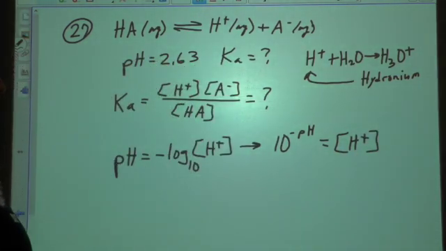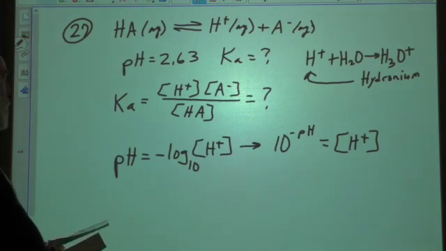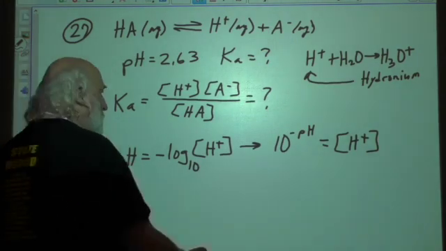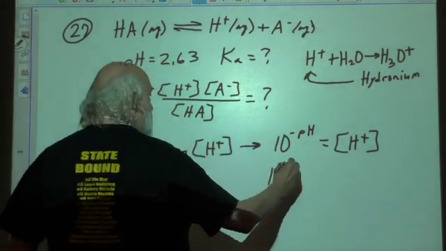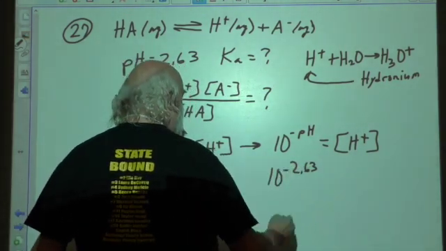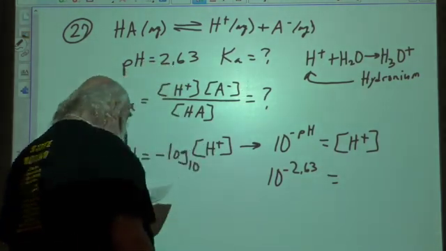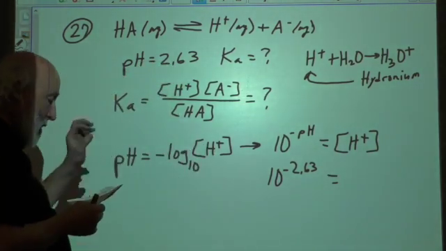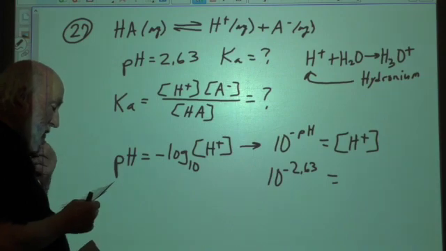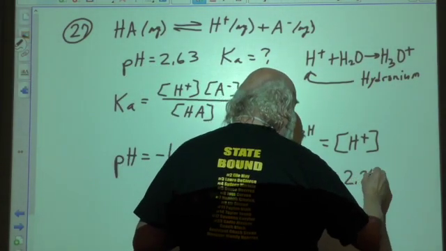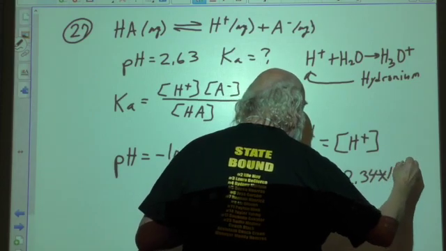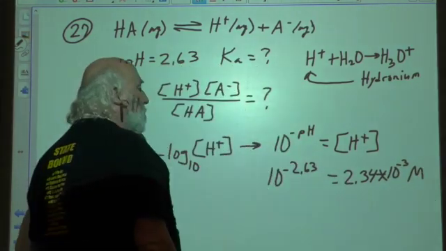So if I want to get the concentration of hydrogen in this equation, then I'm going to have to take 10 to the negative pH, which is 2.63. Type that into my calculator, 10 caret negative 2.63, and we get 2.34 times 10 to the negative third moles per liter.